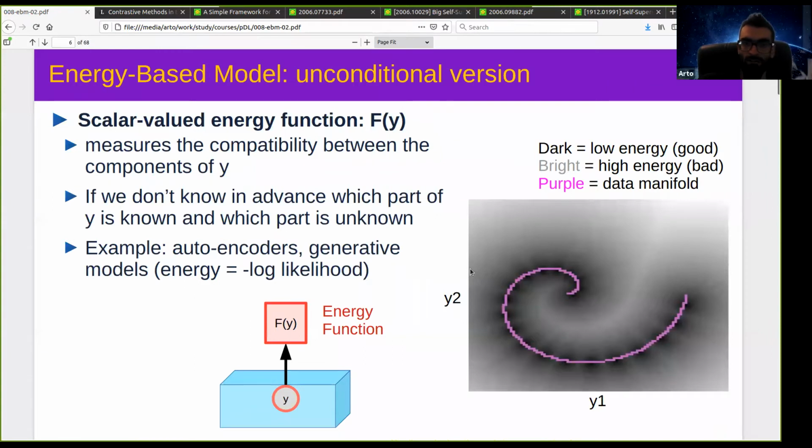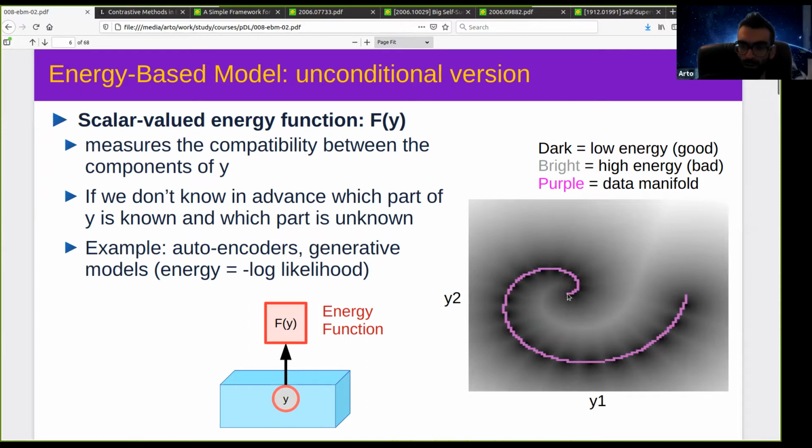And a similar formulation we can get for unconditional models. In this case, this energy function F of y would be a measure of consistency of the data point, like we get a compatibility between the components of y.